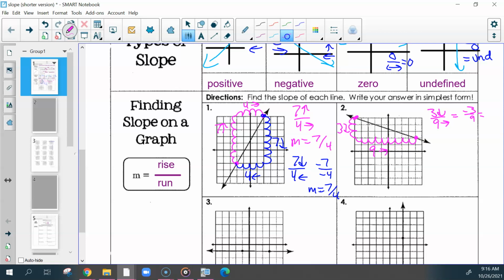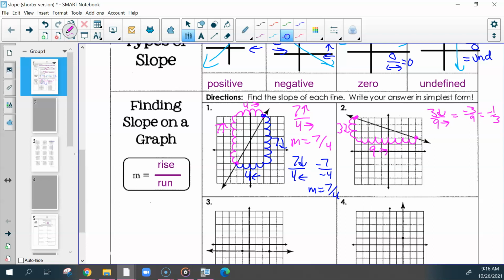So -3 over 9, but that can be simplified to what? Yeah, you could have said that one.